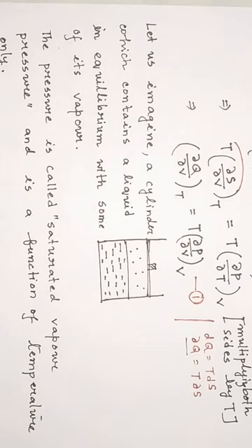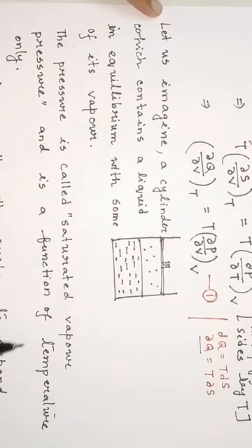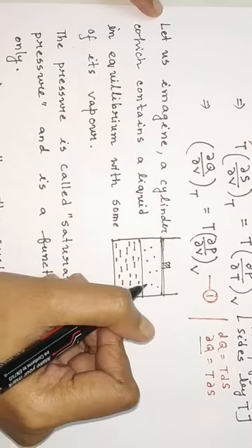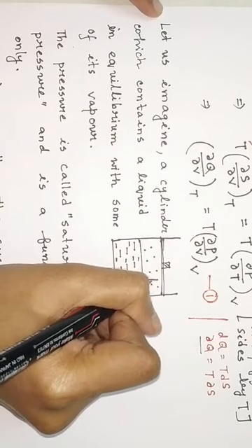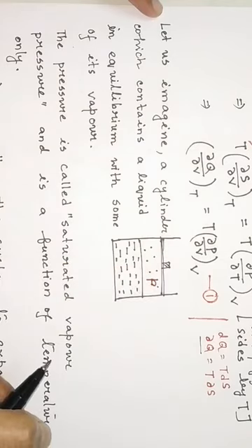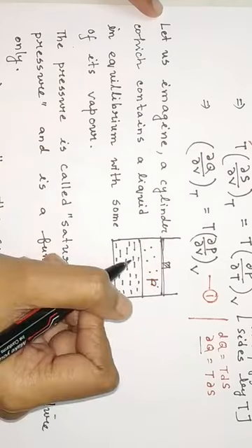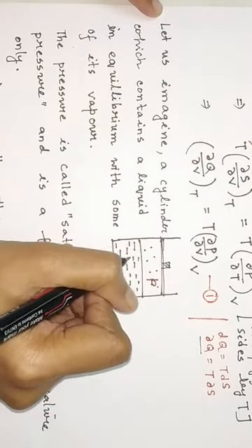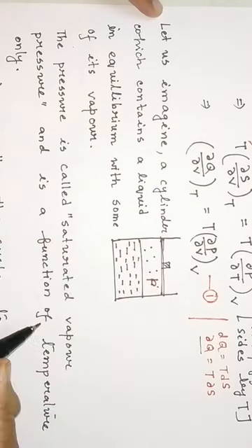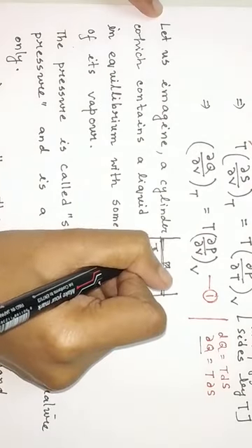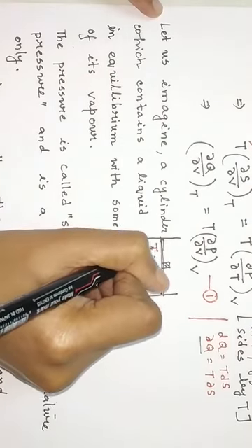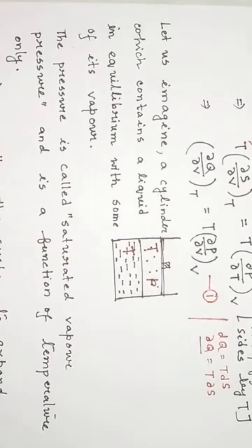That's why the pressure of this vapor is called the saturated vapor pressure, and this saturated vapor pressure is a function of temperature only. Let's say that the pressure of this vapor is P, and both the vapor and the liquid are at the same temperature T.